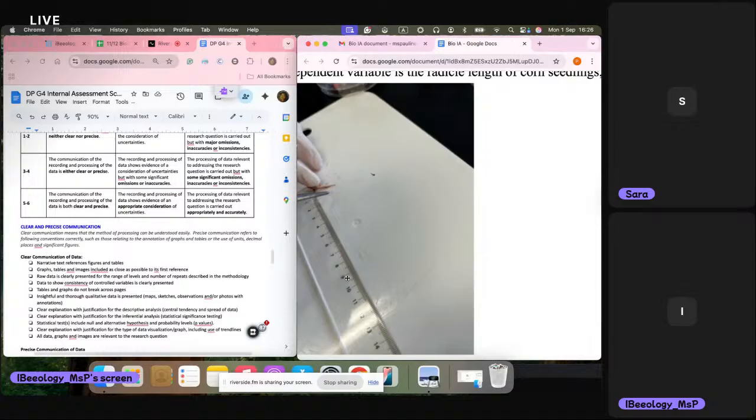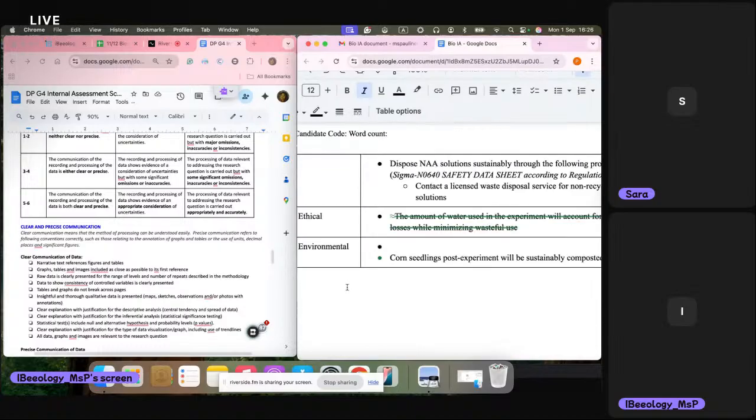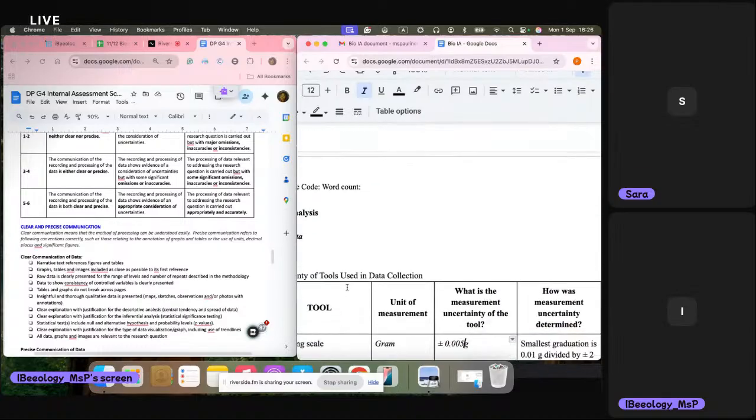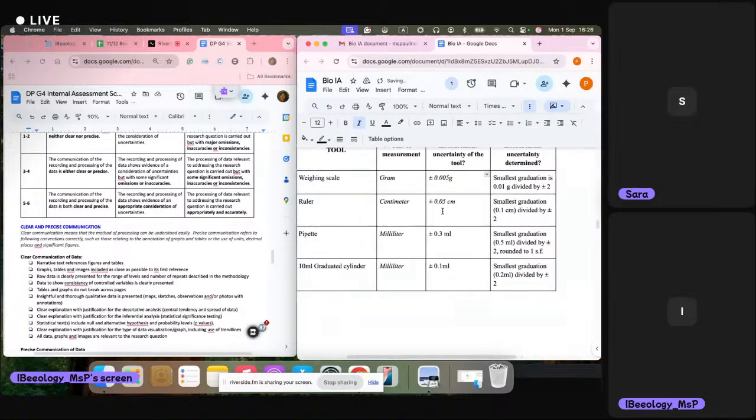So does that mean that you are having a mistake until 5? Because it's 0.05. Is there a calculation for this? Here, smallest graduation, this is calculated.